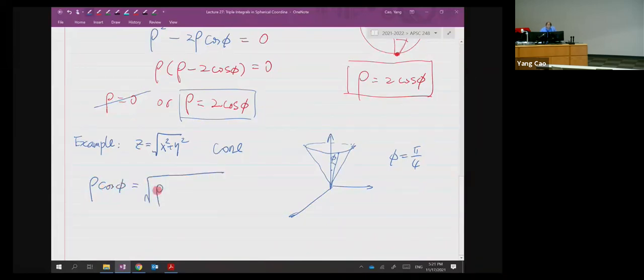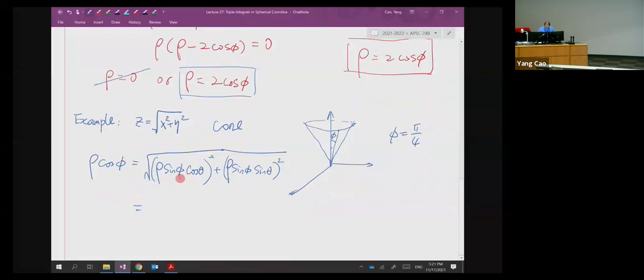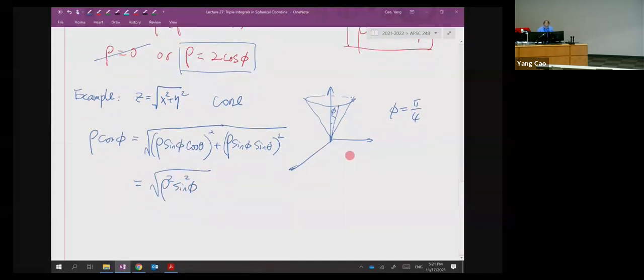Then x is rho sine phi cosine theta, squared, and rho sine phi sine theta, squared. That's your x and y. Again, you have a common factor rho squared sine phi, so you end up with just rho squared sine phi here.